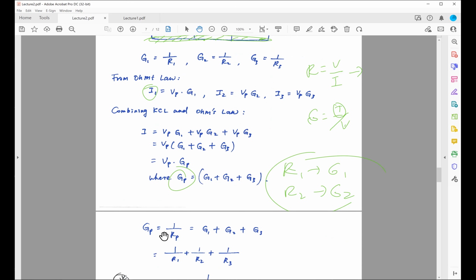So Gp is equal to the summation of these three conductances. And this is nothing but 1 over Rp. If Gp is the parallel conductance, then Rp is just the inverse of that, and vice versa. Okay. So Gp in terms of R is just 1 over Rp.